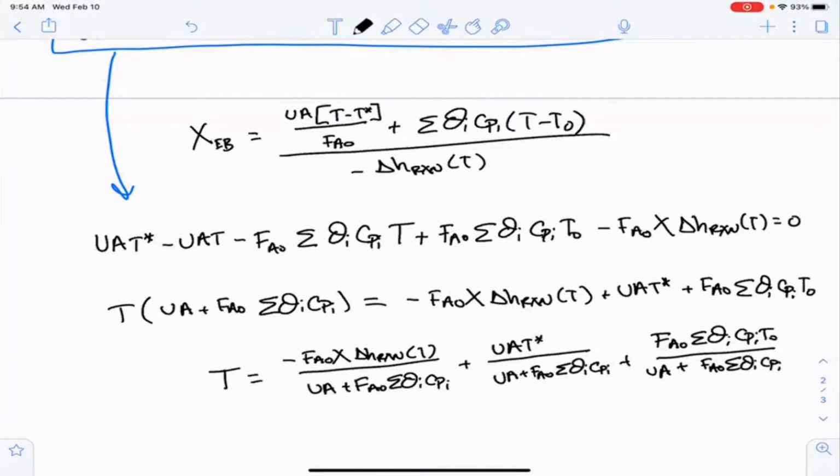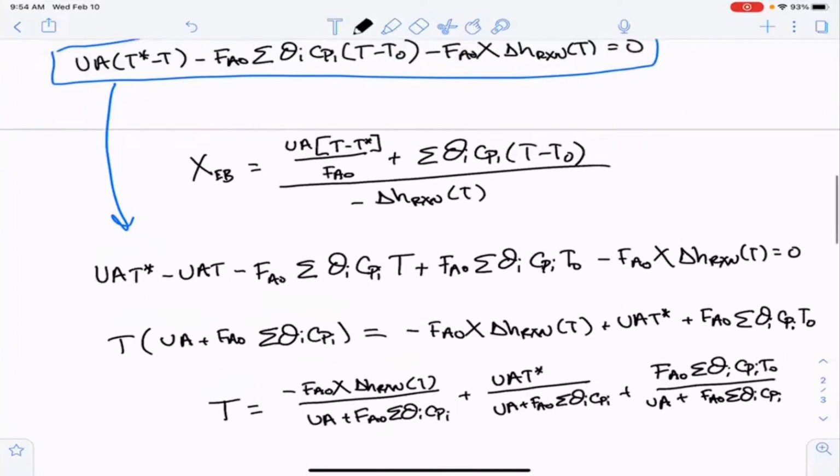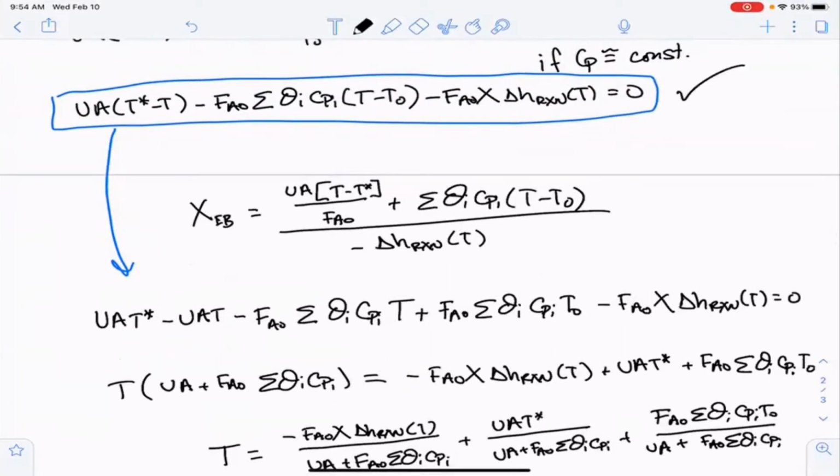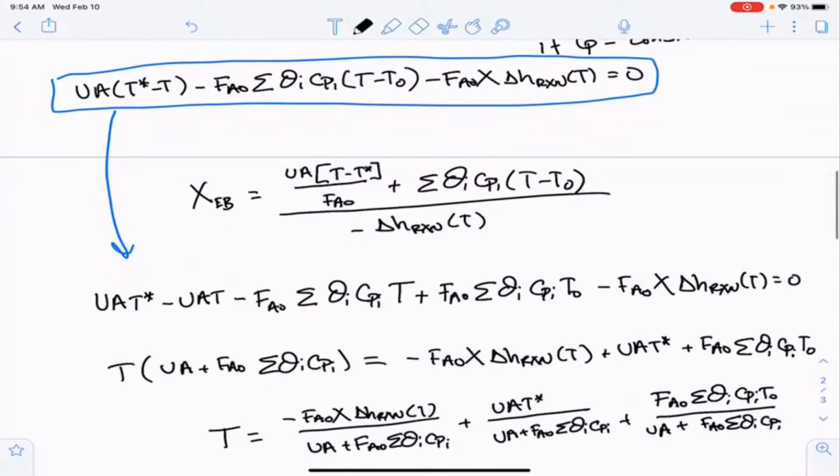Okay, so hopefully you see this expression and go, oh, that's why he told us he'd much rather solve that equation. I really would.